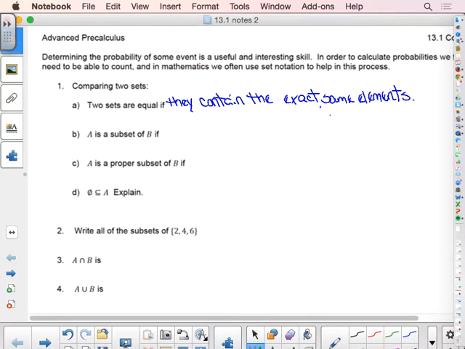A is a subset of B if all of the elements in A are also in B.